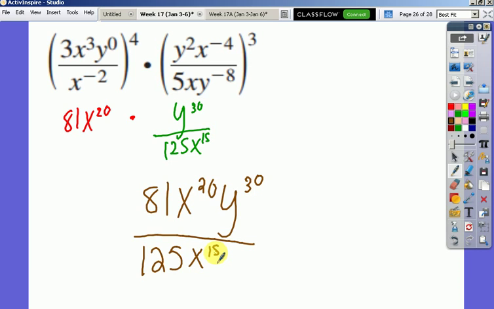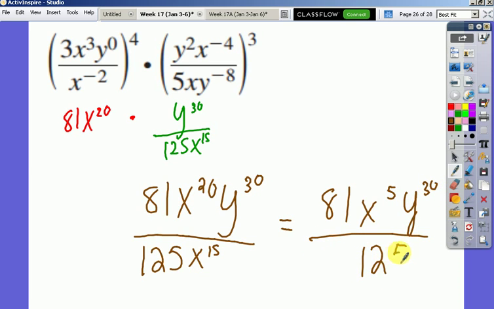I look and see if I can simplify 81 over 125. That fraction won't reduce. But what can I get rid of? The x's, well, I can't get rid of them, but I can subtract them, right? So I still have 81. What will I have? X to the what? 5th, y to the 30th, over 125.